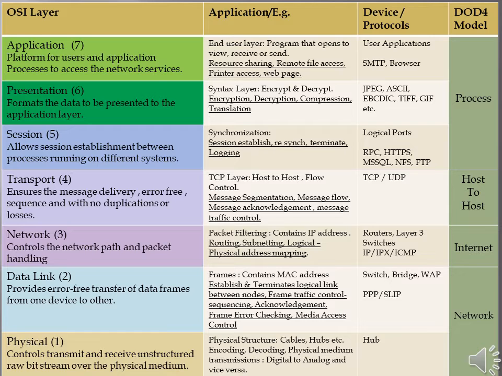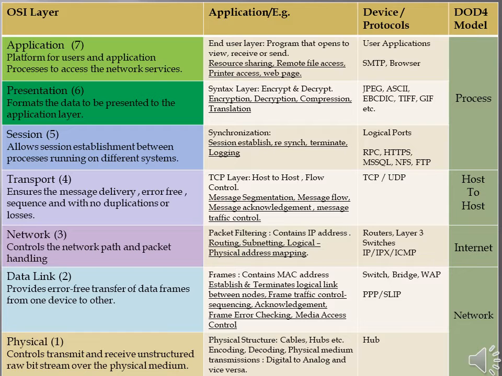Transport layer. The transport layer ensures message delivery that is error-free, in sequence, and with no duplication or losses. TCP layer: host to host and flow control. It is the TCP layer which handles host to host communication and flow control.